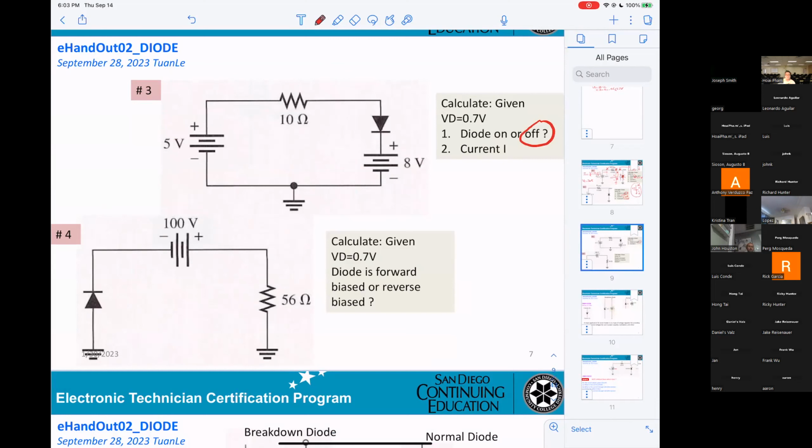You have 8 volts and 5 volts, and the 8 volt is higher and going in the opposite direction. That means 5 volt is less than 8 volt, so the diode will be off.